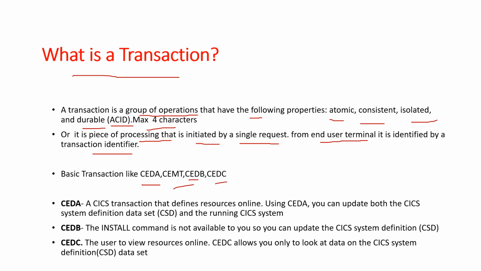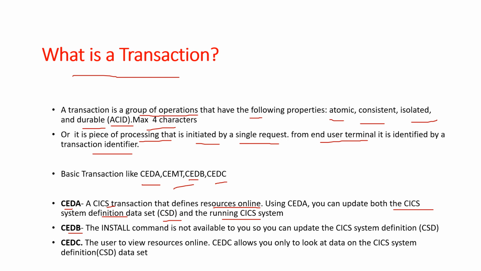So let's understand what is CEDA. CEDA is a CICS transaction used to define resources online. Using CEDA, you can update both the CICS system definition dataset, that means CSD, and the running CICS system. Next is CEDB.